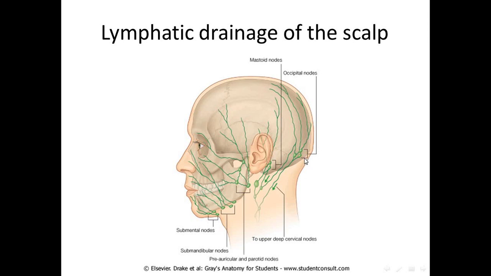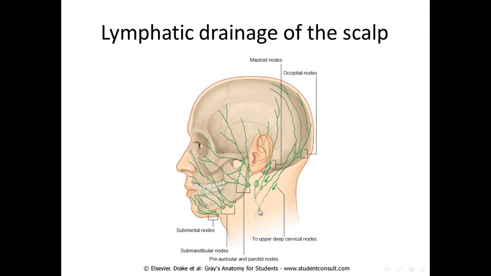Posteriorly there is the occipital nodes group. Posterior to the ear is the mastoid nodes group. At the parotid gland area is the parotid nodes or preauricular nodes.